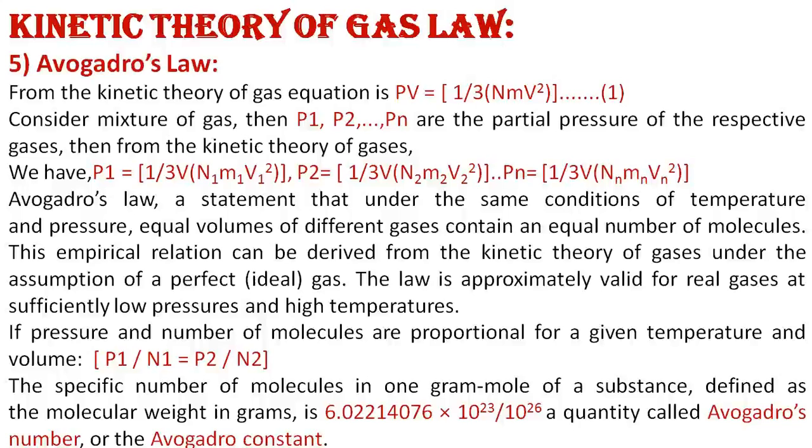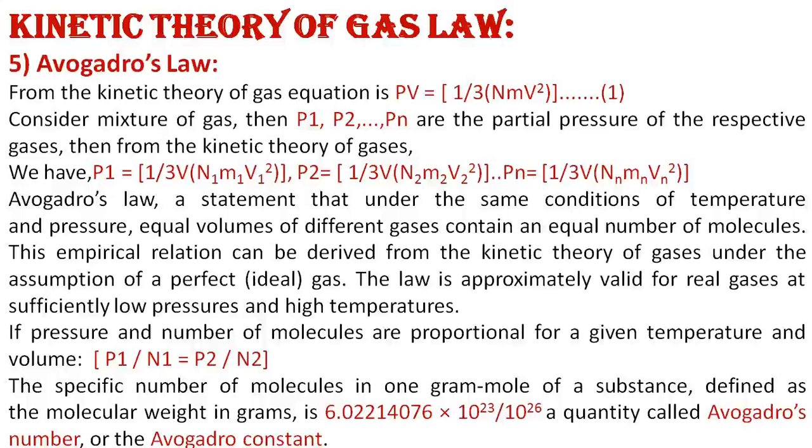This empirical relation can be derived from the kinetic theory of gases under the assumption of a perfect ideal gas. The law is approximately valid for real gases at sufficiently low pressure and high temperature. If pressure and number of molecules are proportional for a given temperature and volume, that is P1 upon N1 is equal to P2 upon N2, up to Pn upon Nn.